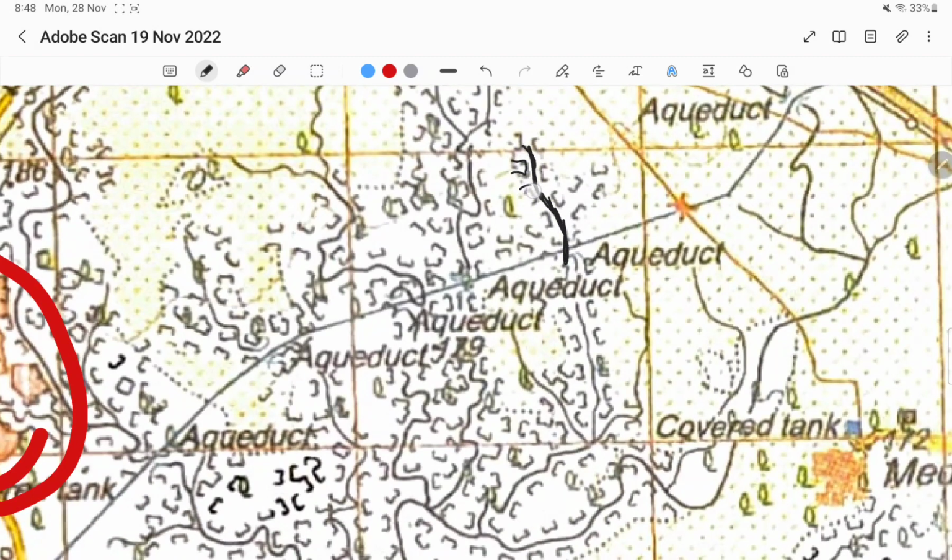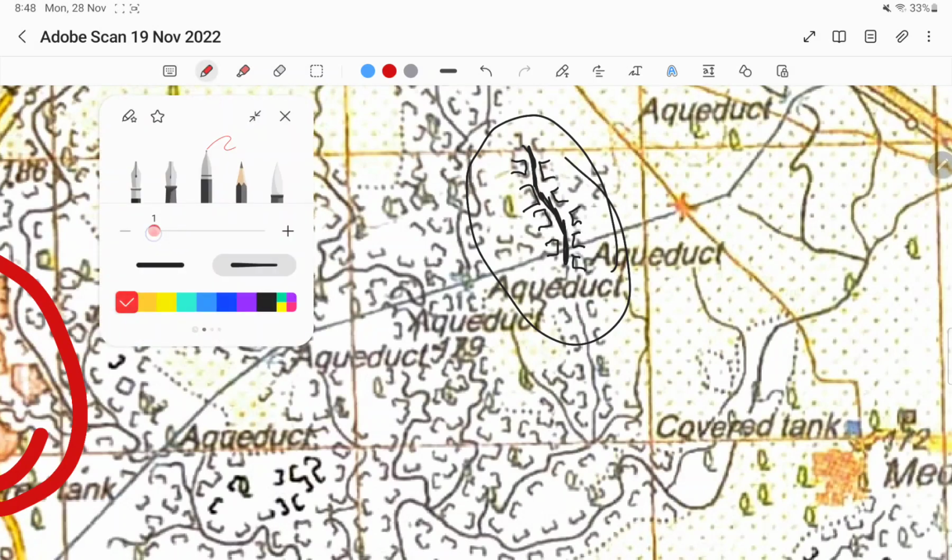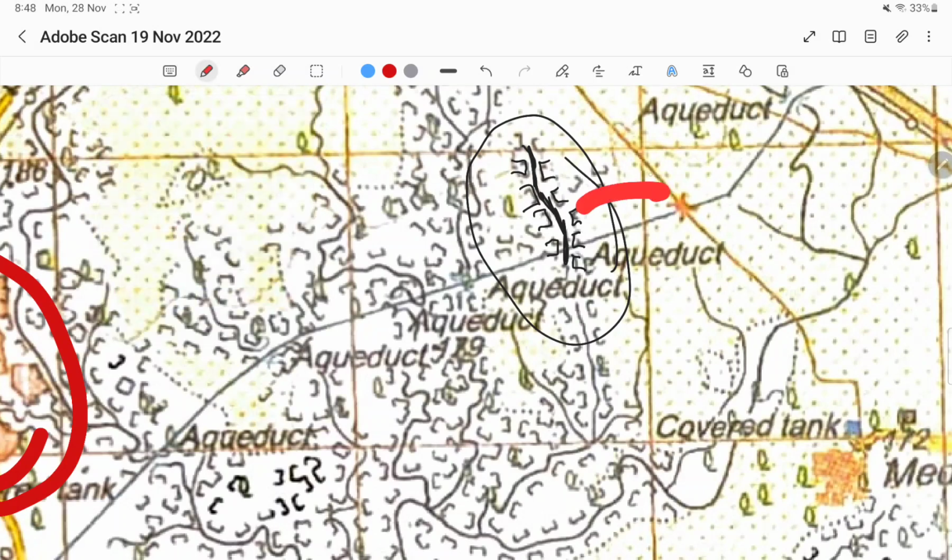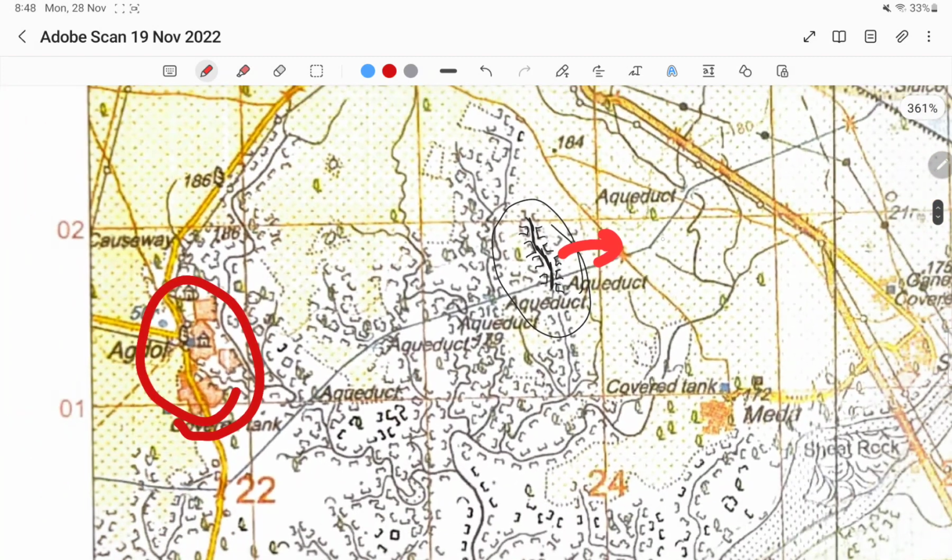As you have learned in the symbols for topo sheets, this black curved line represents the broken ground.